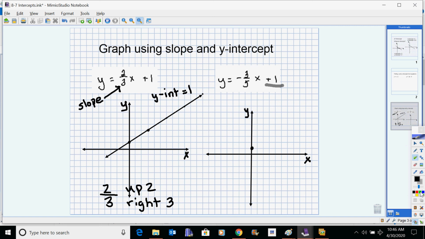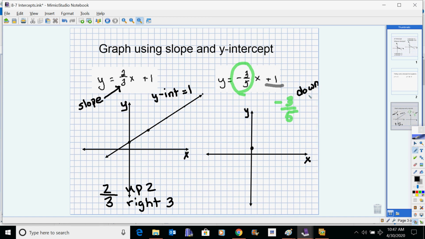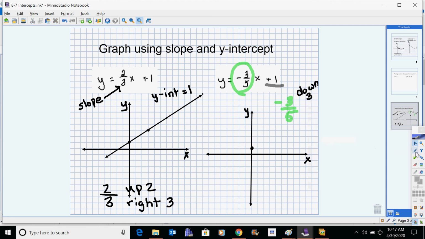In this case, our slope is different. Our slope here is -3/5. Sorry, that was supposed to be written a little better. -3/5. So what the -3/5 tells me is that I go down 3, and then the other one tells me that I go right 5.